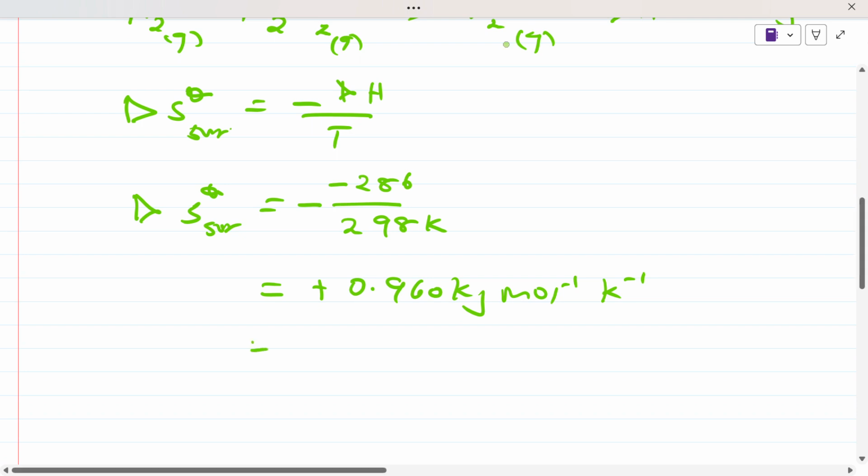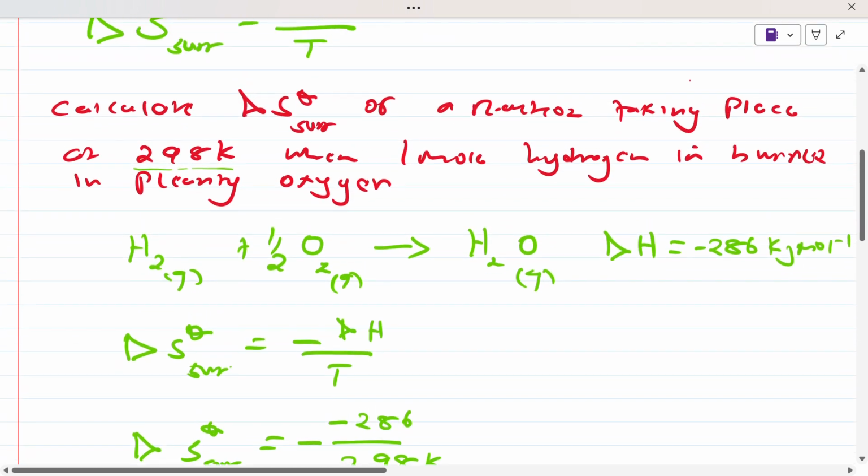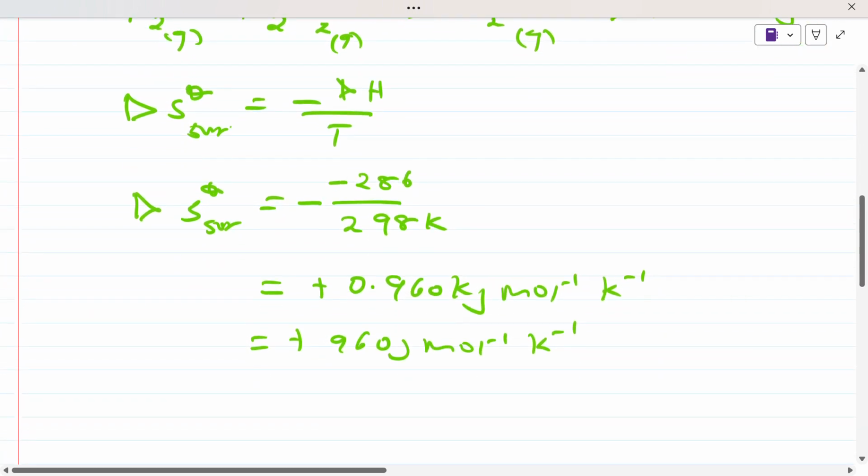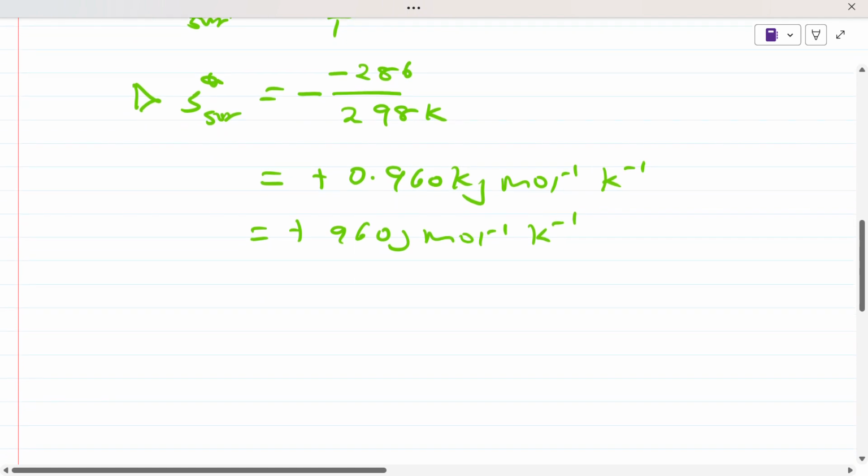If you're asked to leave your answer in joules, you multiply that by 1000, and you're going to get still positive 960 joules per mole per Kelvin. So that's a simple example of how to calculate entropy of the surrounding.